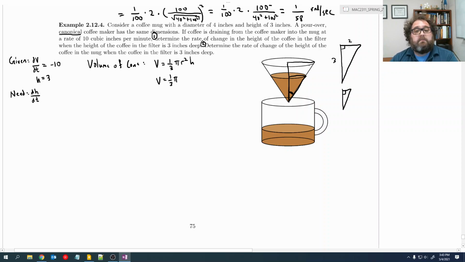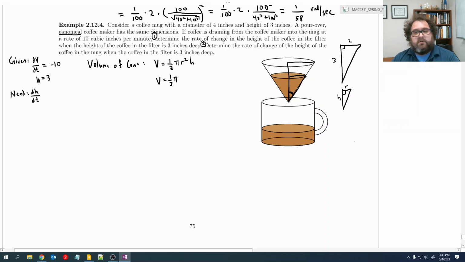But now r and h, when we write this cone volume, we're talking about the volume of the coffee, the liquid. So r and h label the height and the radius of the small triangle.